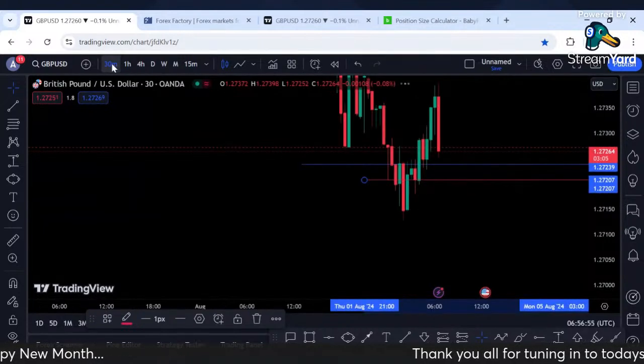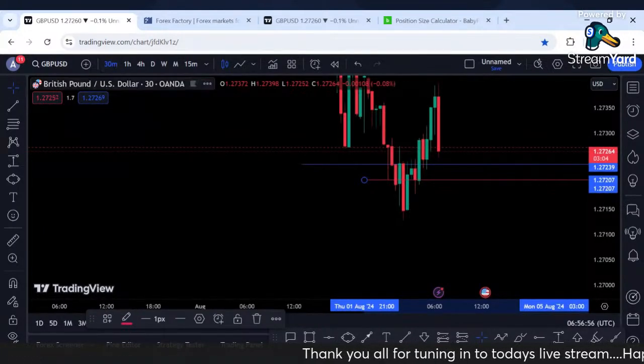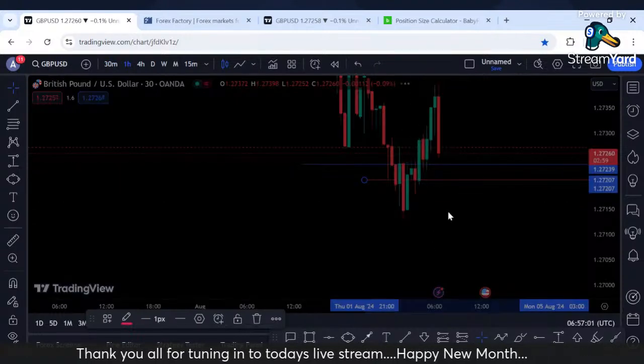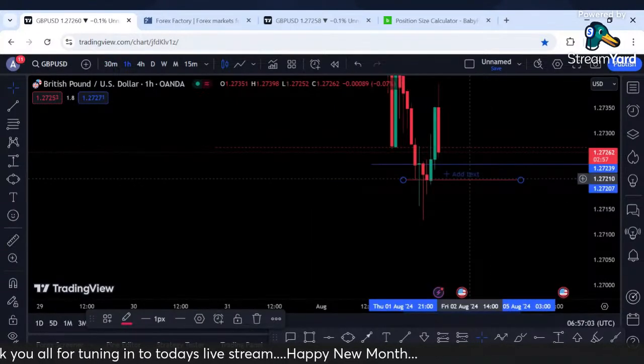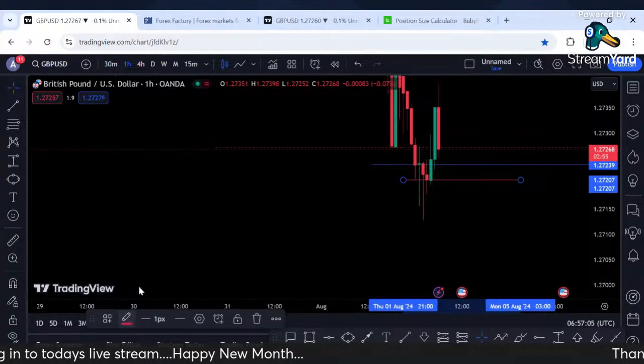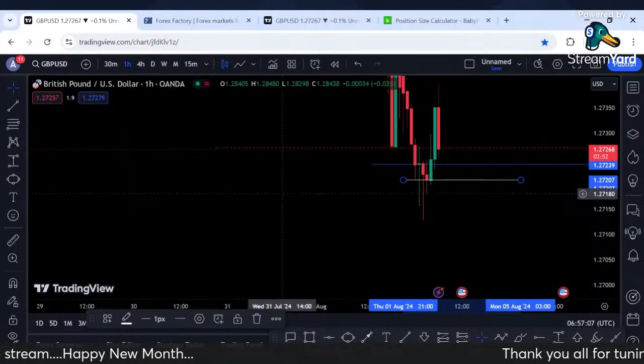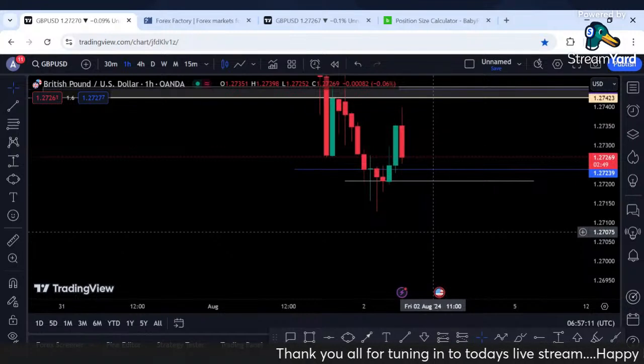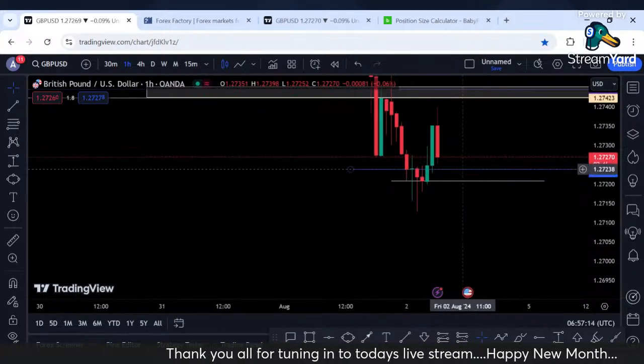Let's see the M30. So let's wait, this side is more of consolidation. Let's wait for the breakout of this consolidation.